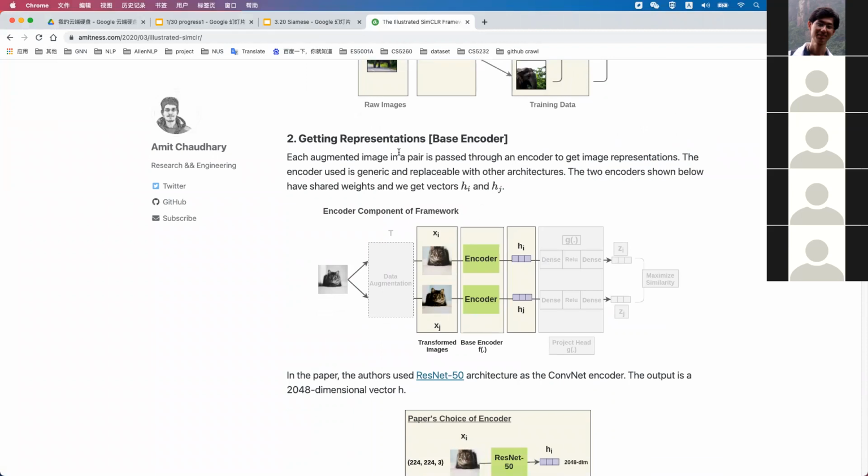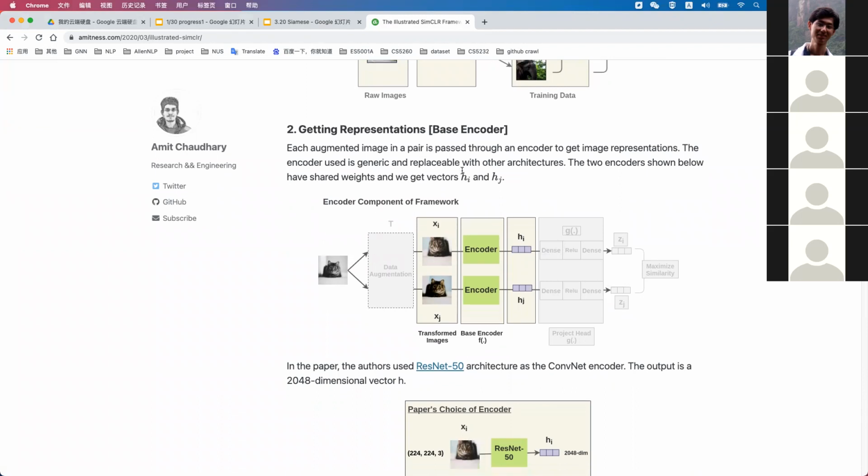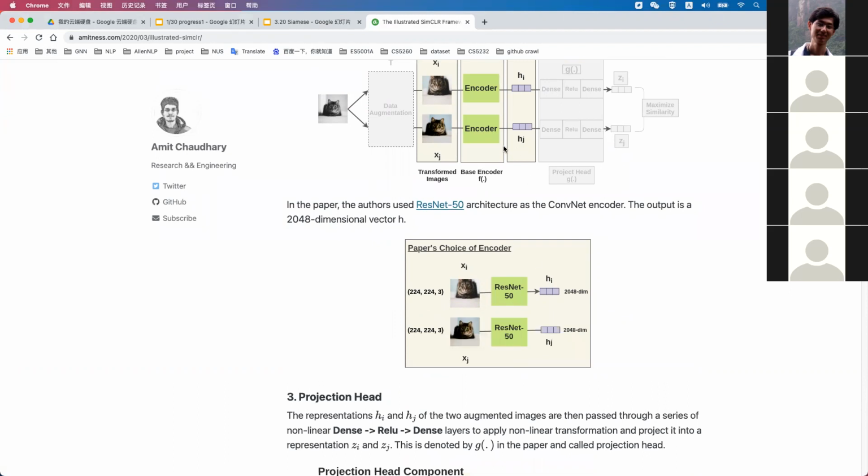And then we get the representation. Now we use the very typical ResNet encoder architecture to get the representation of the picture. Then we get a hidden layer, a vector of like 2048 dimensions.